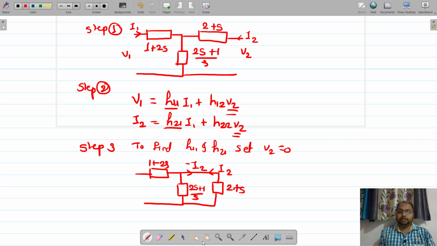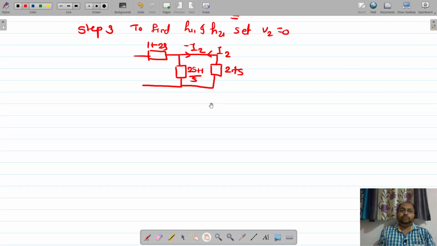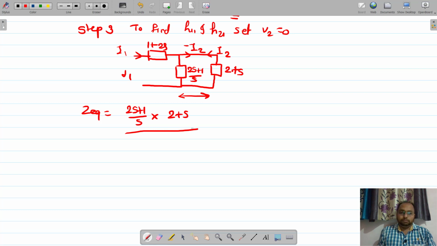Now what we need to do? We need to simplify the parallel combination and the series combination. So let us simplify this circuit. First, the parallel combination of these two impedances we are going to find out. Z equivalent is equal to (2S plus 1 divided by S) into (2 plus S), divided by (2S plus 1 divided by S) plus (2 plus S).